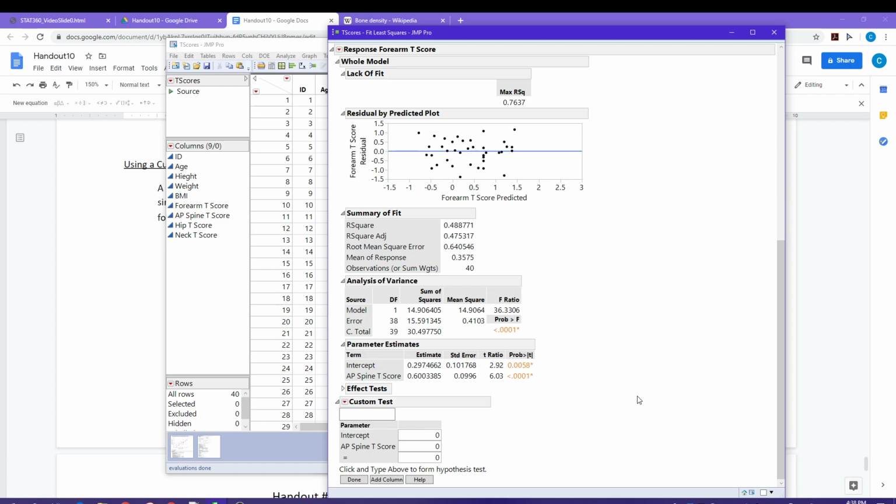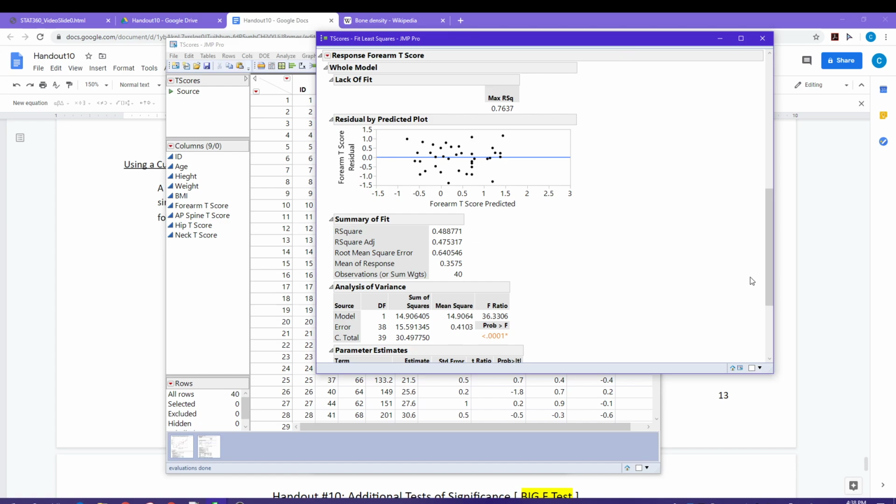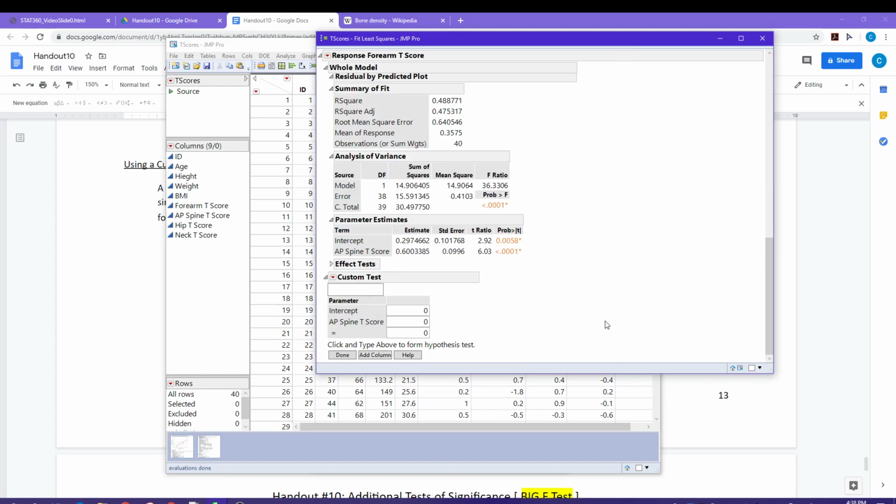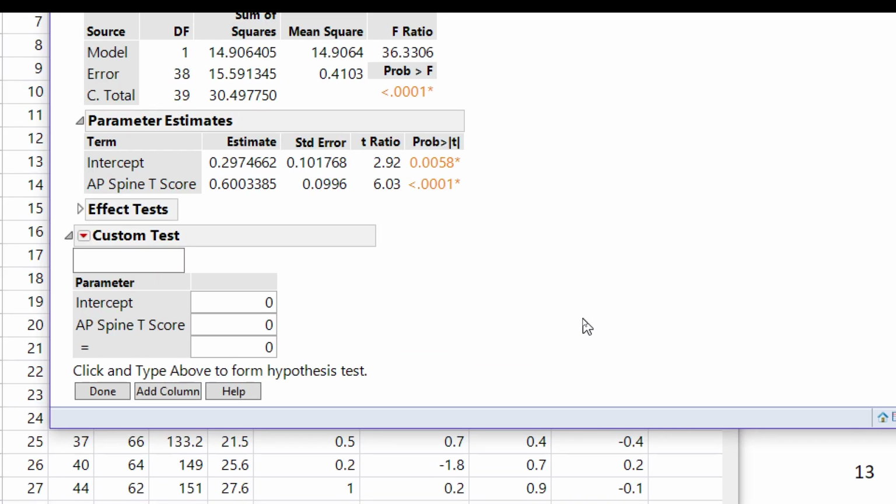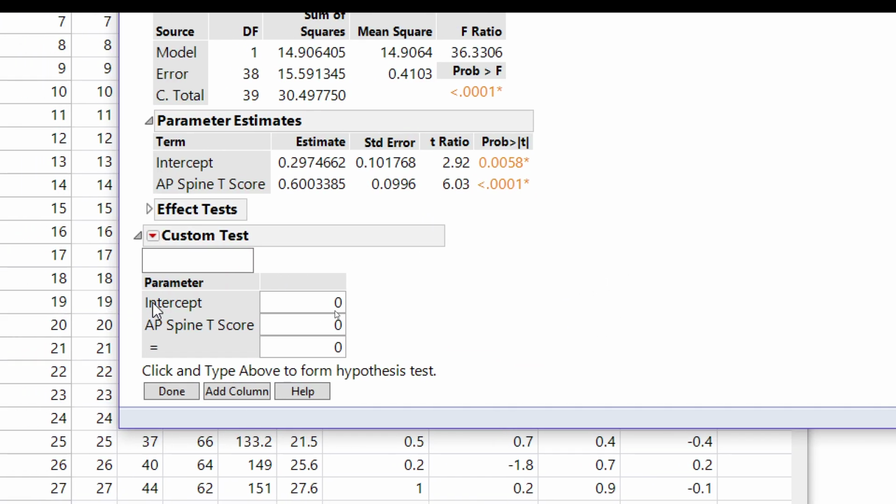Down towards the bottom, we're going to maybe pull that up to the center of the screen a little bit. I can give my test a name here. So we're testing the y-intercept equals 0 and slope equal 1.